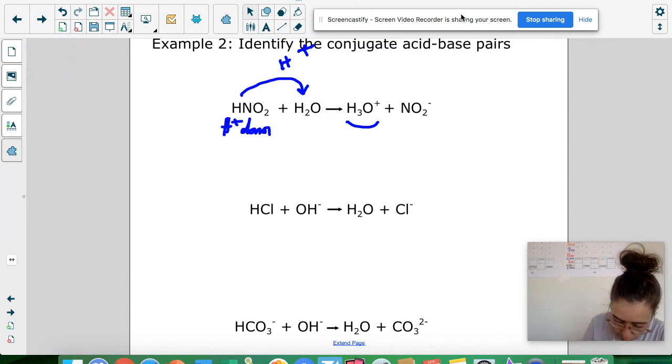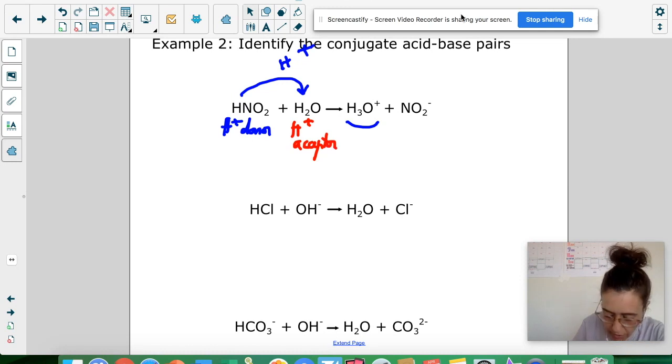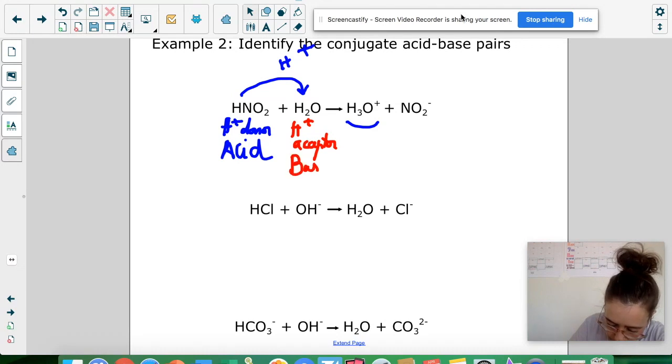And then the water, in this case, because the water can act as an acid or a base, is the one that is taking the proton. So it's the proton acceptor. The proton donor is what we always call the acid. And the proton acceptor, following Bronsted-Lowry's definition, is what we always call the base.